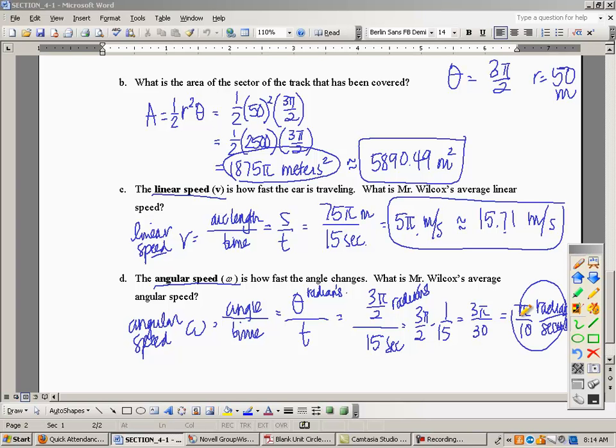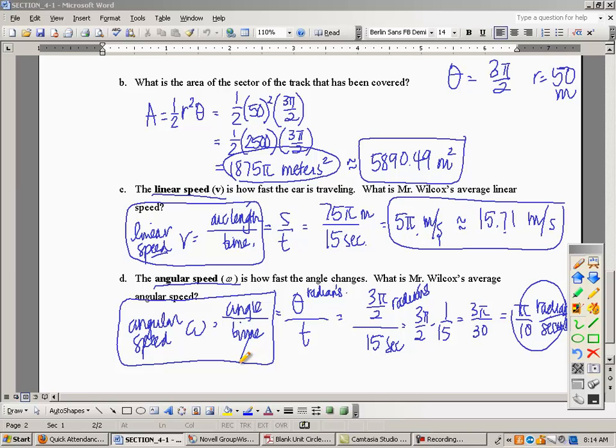Angular has to have an angular measure, a radian per second. Linear speed has to have a meters per second. And again, these two formulas you should kind of know. We're going to practice a little bit with them on the homework. But I think, again, if you've had physics or anything, speed should say how far you went divided by your time. Your angular speed says how much of an angle did you go divided by time.